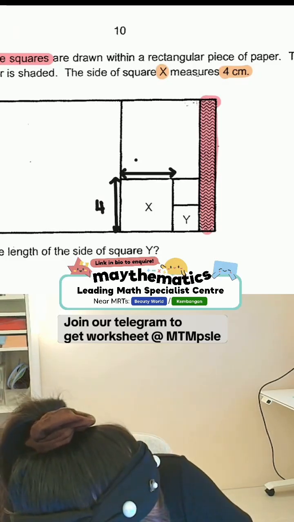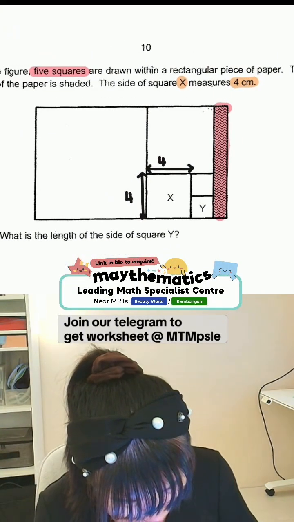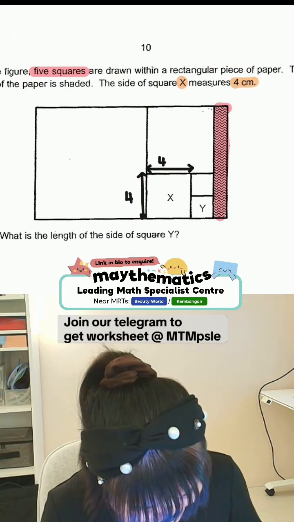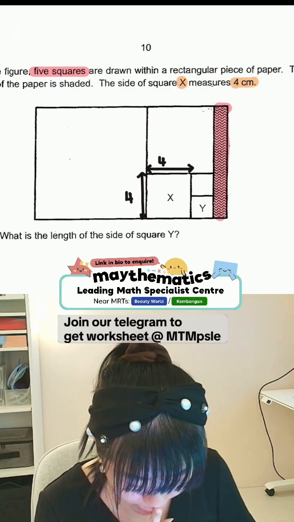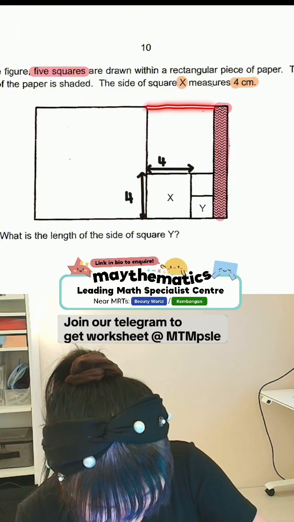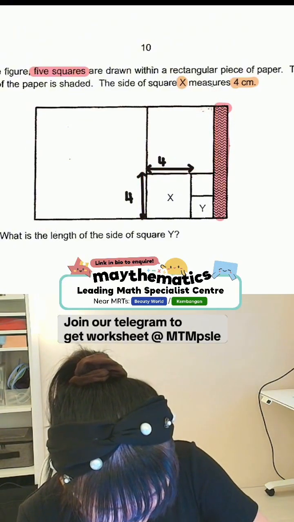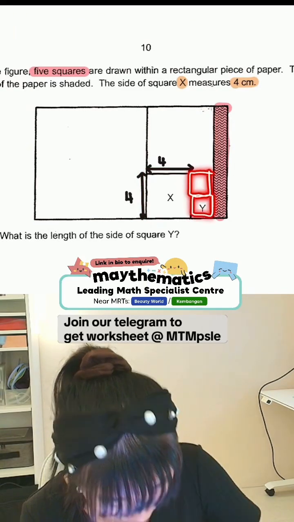Then what's the length of the side of square Y? They say there are 5 squares: 1 square, 2 squares, 3 squares, 4 squares, and 5 squares.